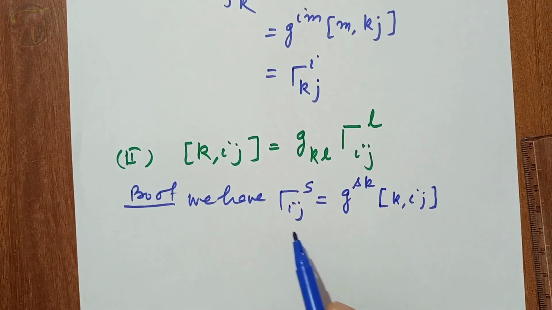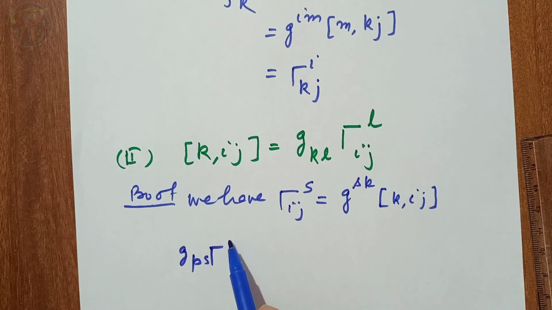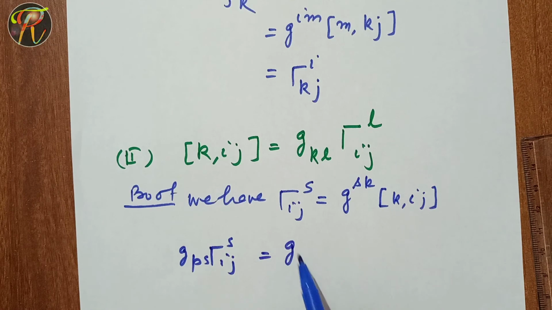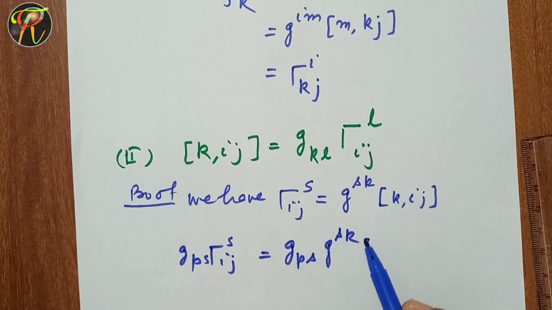Now multiplying by g_ps on both sides, we get g_ps gamma^s_ij equal to g_ps g^sk [ki,j]. This s and this s are the same.